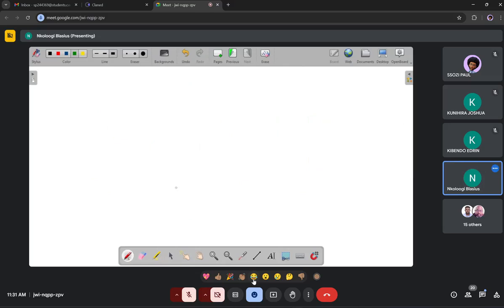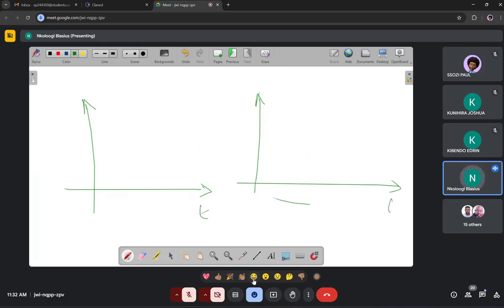If I have two graphs here, in my definition, I want you to tell me this is time, this is time, this is voltage, voltage. Oh, I have to start from zero.